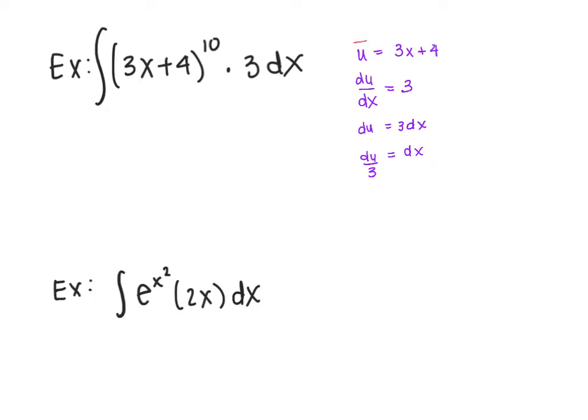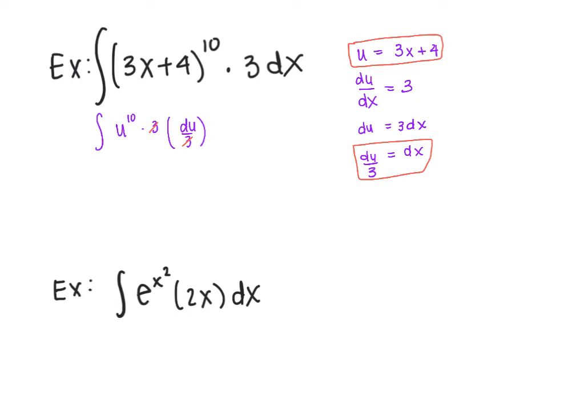I'm going to substitute this into the original integral. So now I have u to the 10th times 3, and then replace dx with du over 3. And you'll notice that the 3's cancel.